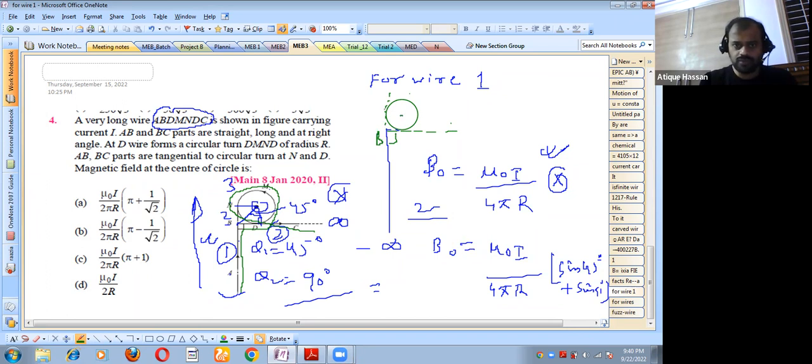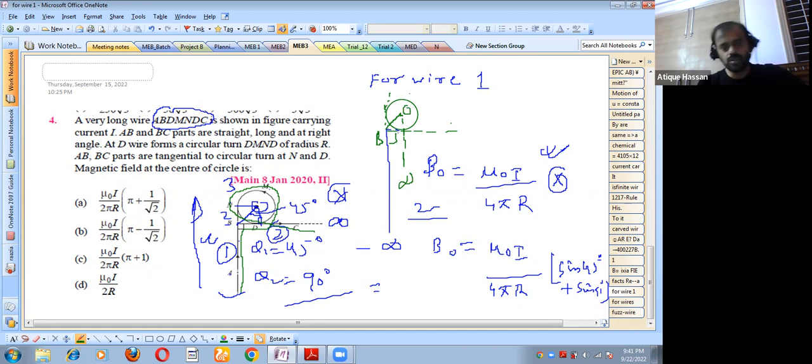So for wire 1, we have to take the angles. First, we have to see the two ends. One end is here and the second end is at infinity. So the center is here.